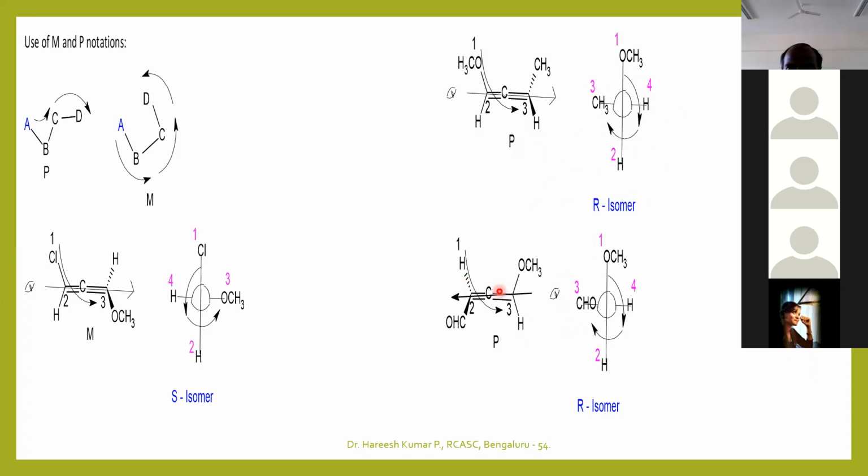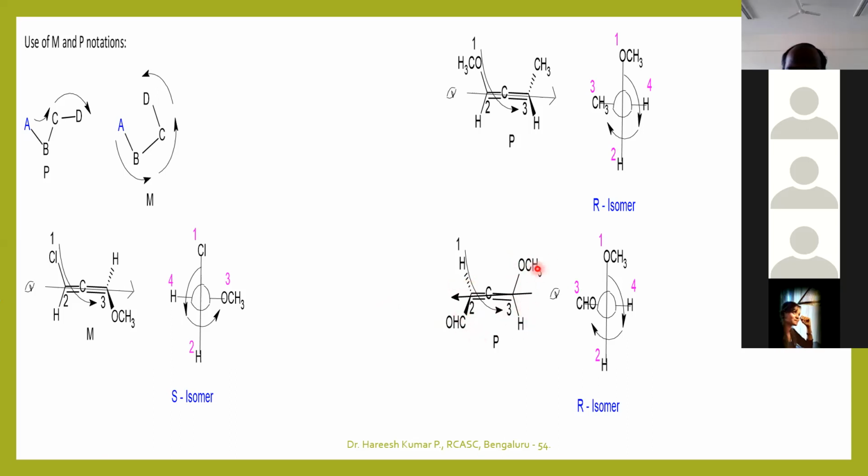And here, what you can observe is that this is also an allene, but here the chiral axis is passing through this carbon atom, and it will move like this. When it is passing through this carbon atom, these two will be taken as the nearer groups, and these two are the far groups.